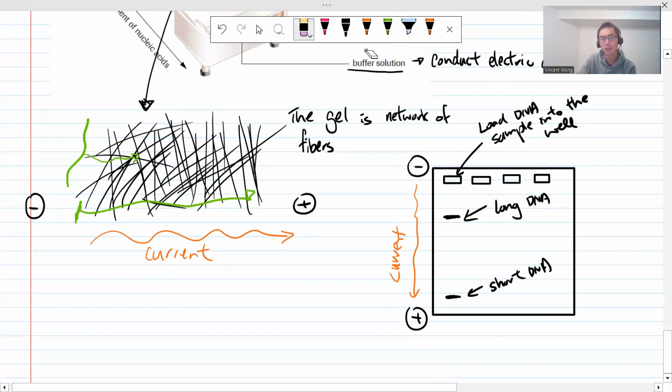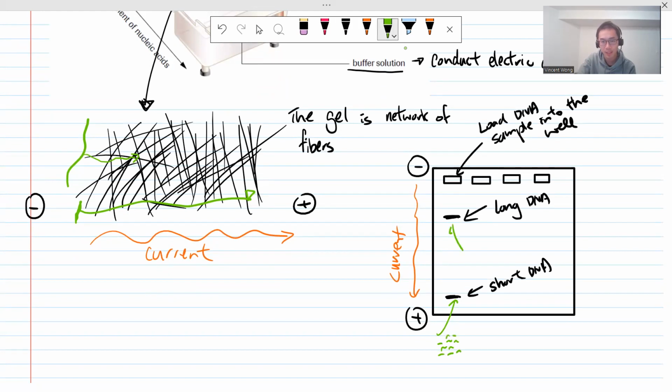I know the line looks the same. The line actually does look the same, but what's important is, if you zoom in to look at this here, they would all be short DNA. If you zoom in here, they would all be long DNA.